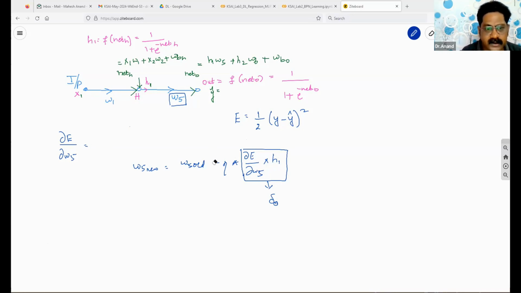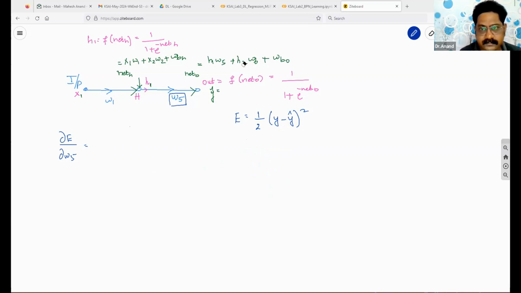Now let us see how we are computing this. We are applying the chain rule so that we break down this calculation into three components. What is our intention?